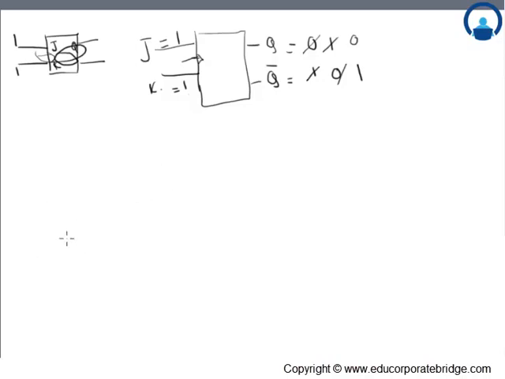So in terms of clock pulse, we can see how this works. Let's say this is the clock pulse, this is a rising edge, this is a rising edge, this is a rising edge.